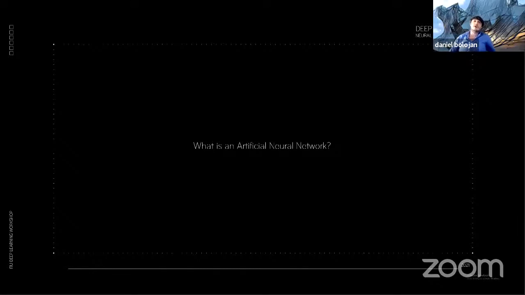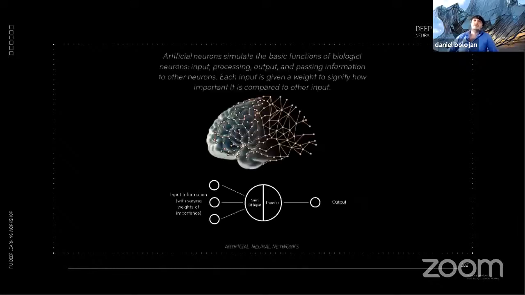So what is an artificial neural network? We can say that artificial neurons simulate the basic functions of biological neurons: input, processing, output, and passing information to other neurons. Each input is given a weight to signify how important it is compared to other inputs.